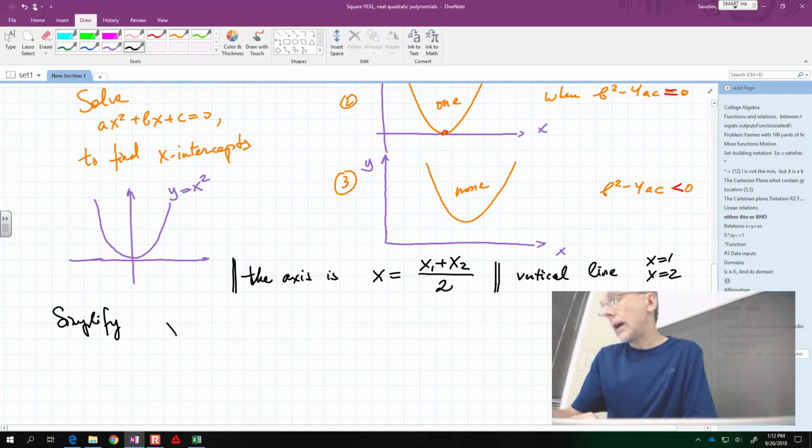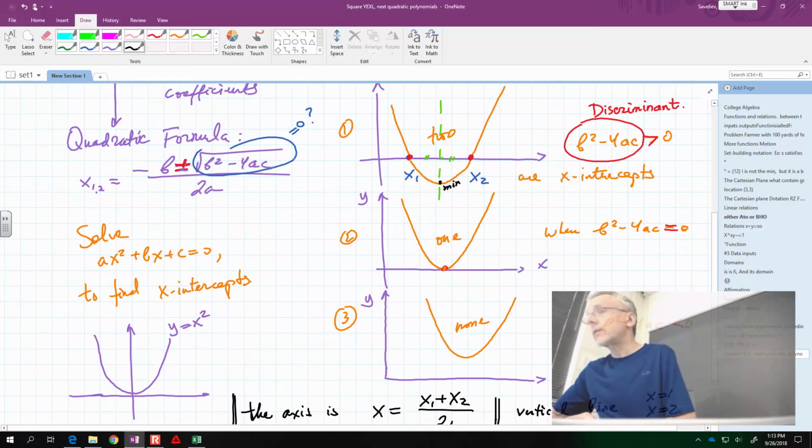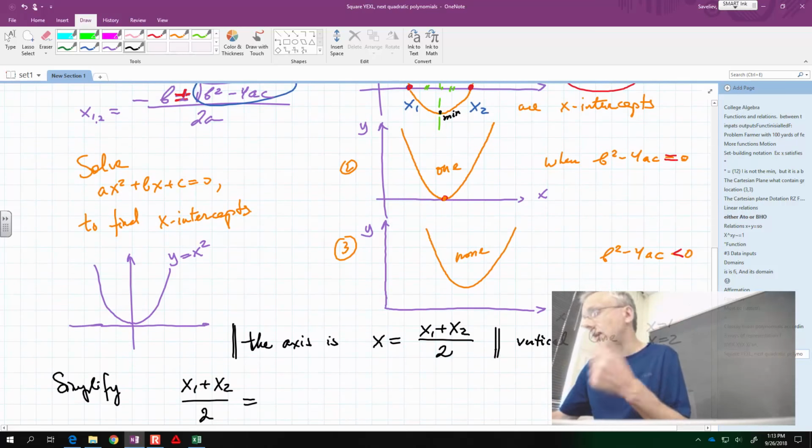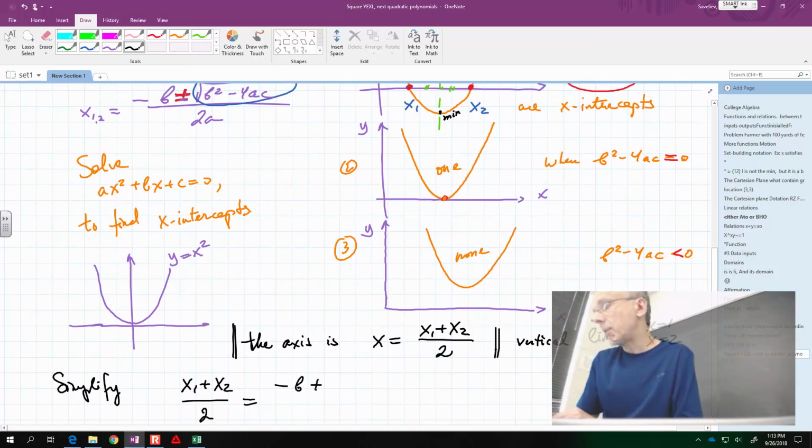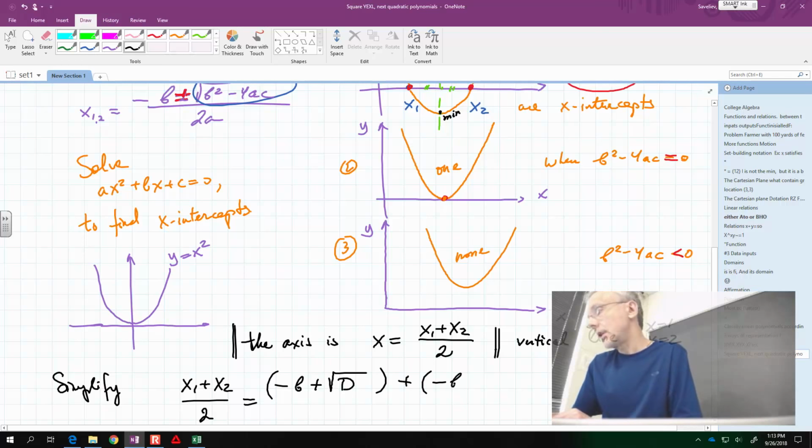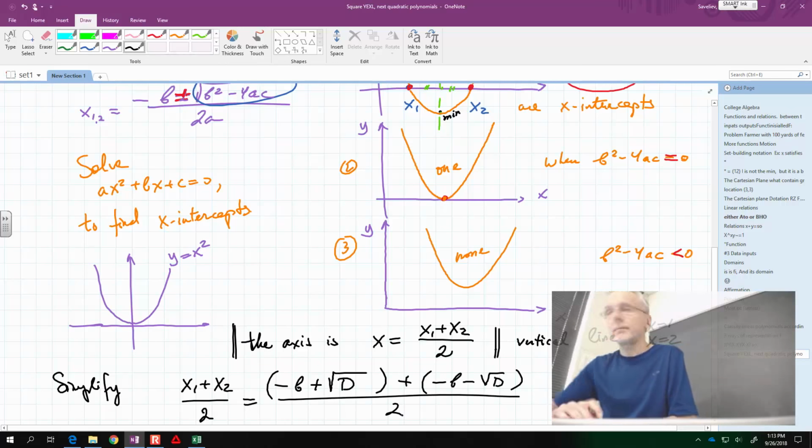That expression, x1 plus x2 over 2, let me take my quadratic formula over here and substitute first plus, then minus, and we'll see what happens. So these are the two different values. It will be negative b plus the square root of the discriminant, plus the other one, negative b minus the square root of the discriminant, divided by 2.